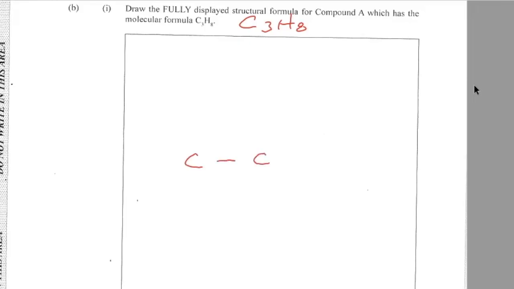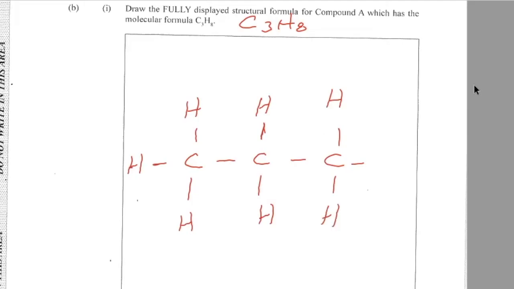This chain is made up of 3 carbons, and of course, we normally add on our hydrogens. Each carbon must be taking part in 4 bonds because carbon is tetravalent. So there we go. And this is what we call our fully displayed structural formula, showing how the atoms are arranged to each other, or how they're bonded to each other in space.